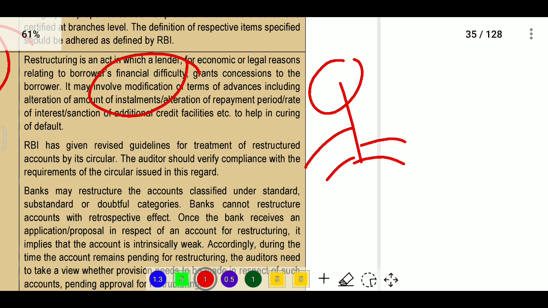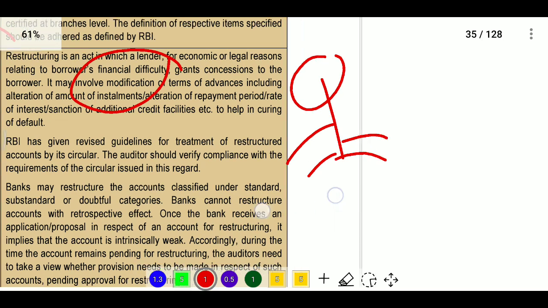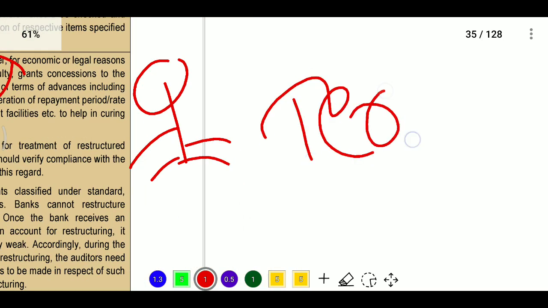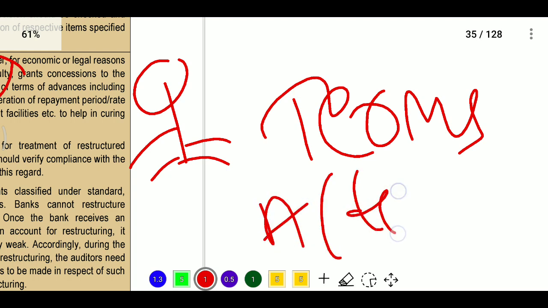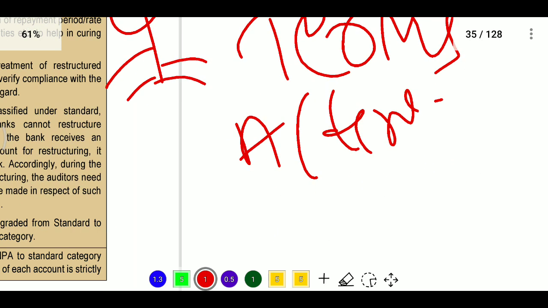Now it may involve modification of terms, so they will modify the terms of the advance, including alteration of installment amounts, repayment periods, rate of interest, sanctions, etc.